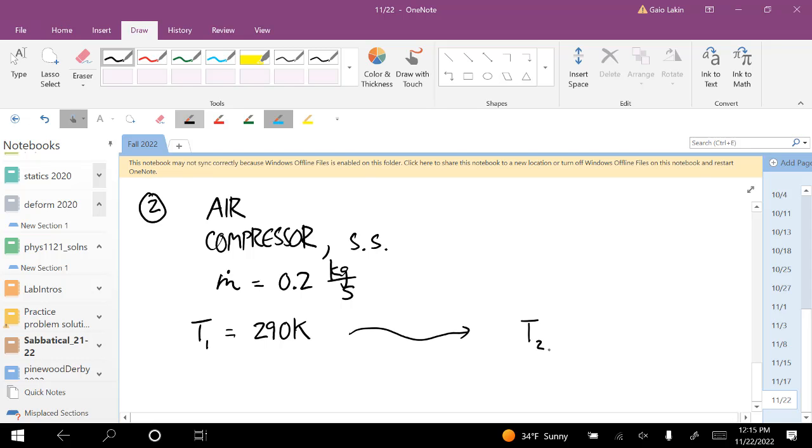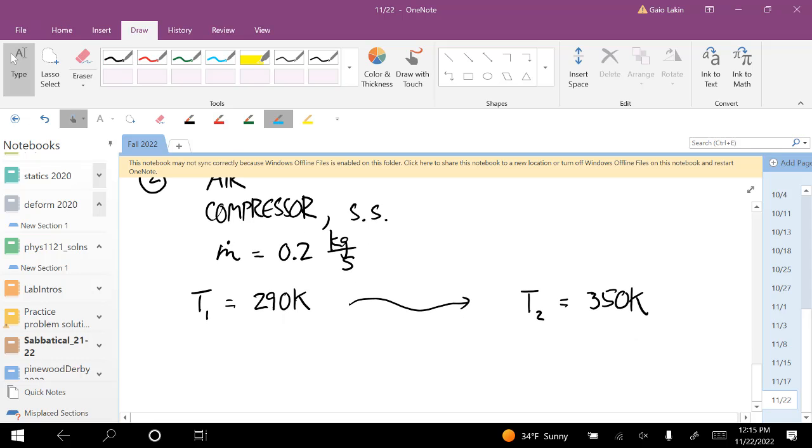The temperature at the exit is 350 Kelvin. Heat transfer occurs at a rate of 1 kilowatt from the compressor to its surroundings. This was a sign error that a few people made.